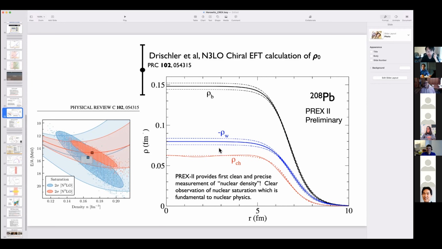Oh, yeah, sure. So my question is, I'm just wondering if the measurement from CREX can also provide a constraint on the infinite nuclear equation of state. If it does, I'm also wondering if that constraint will give us some different information than the PREX measurement does.